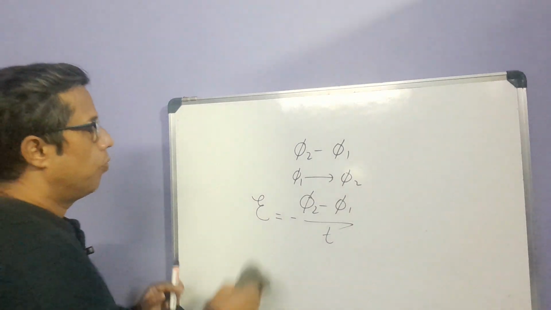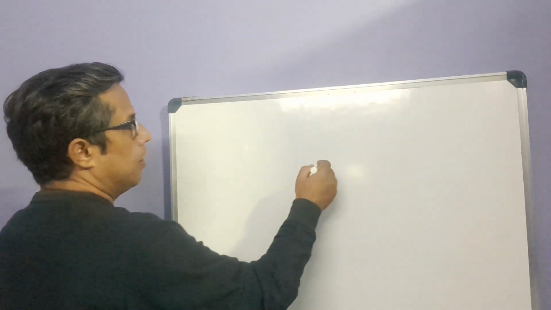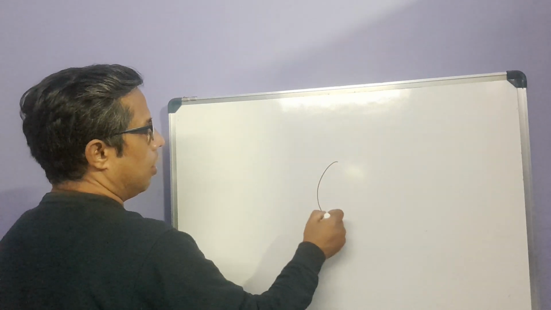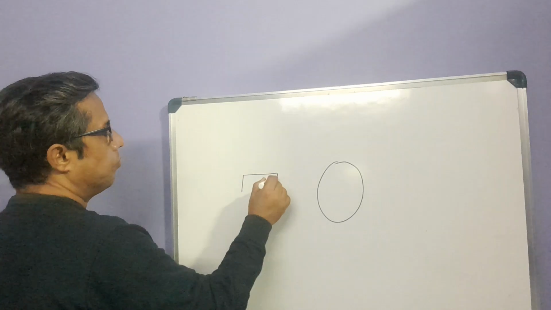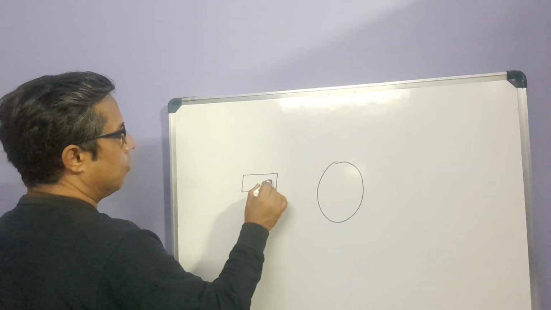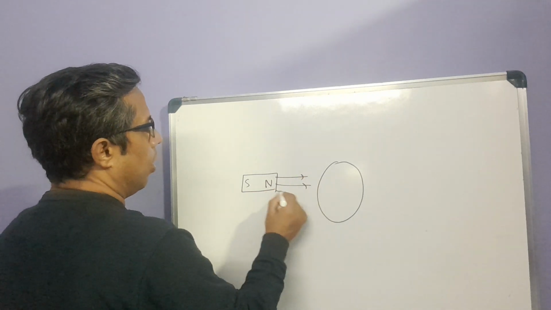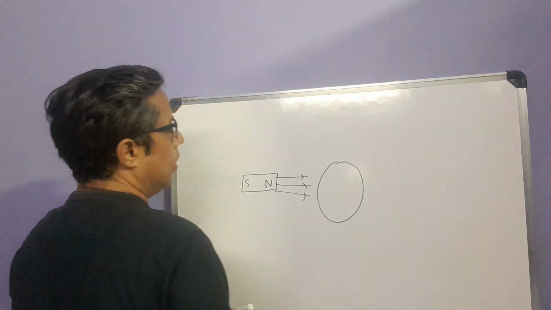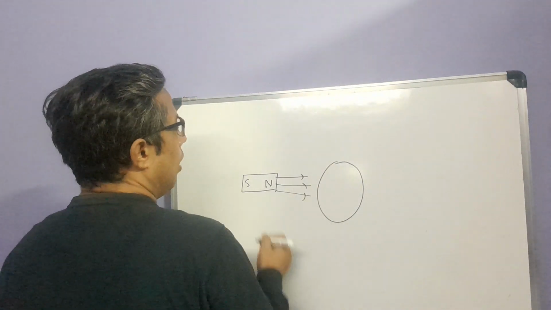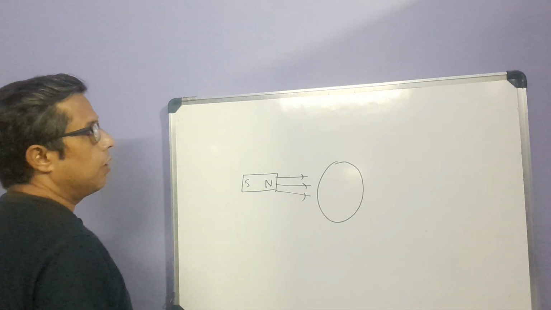So let me show you what it means. Let's say there is a coil, and we have a magnet, this is the north pole, this is the south pole. If this magnet is approaching the coil, there will be an induced current. There should be a repulsion. How does it happen?